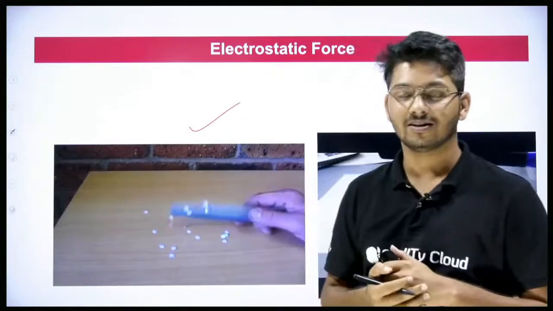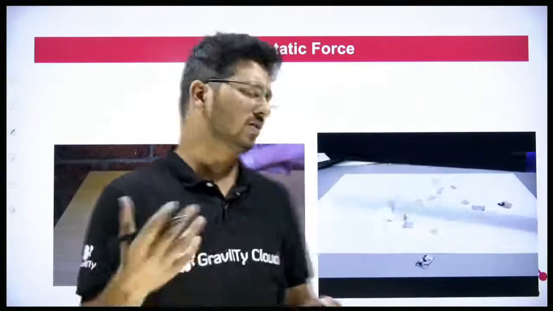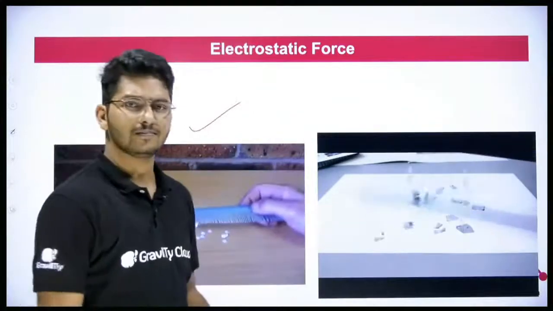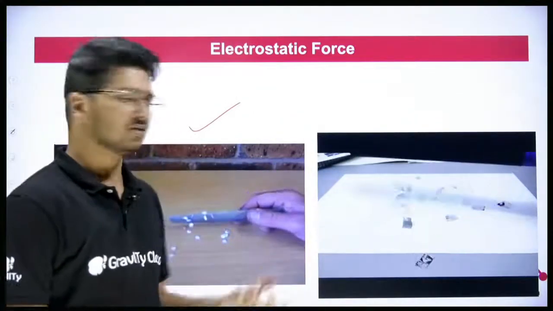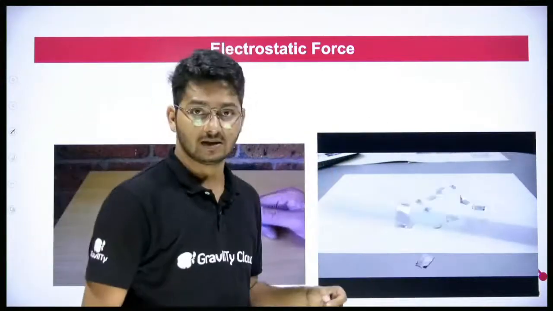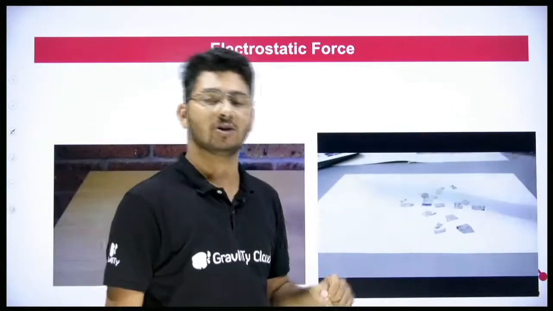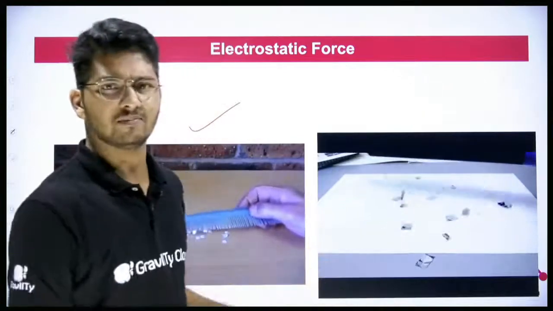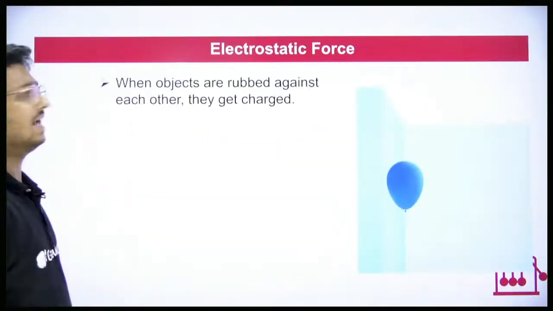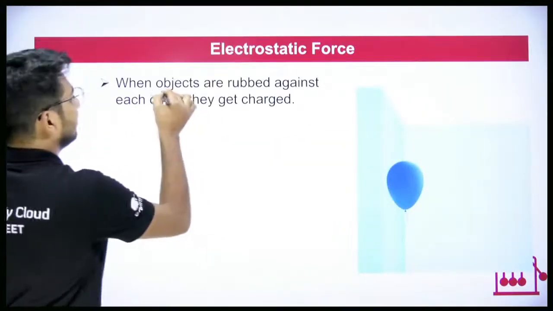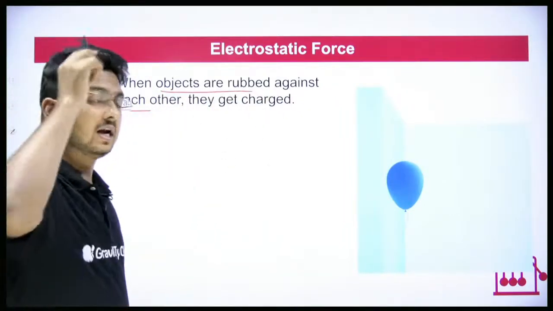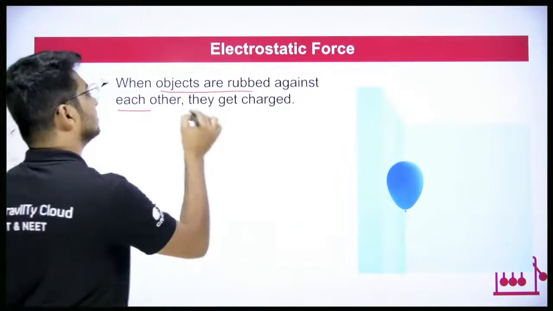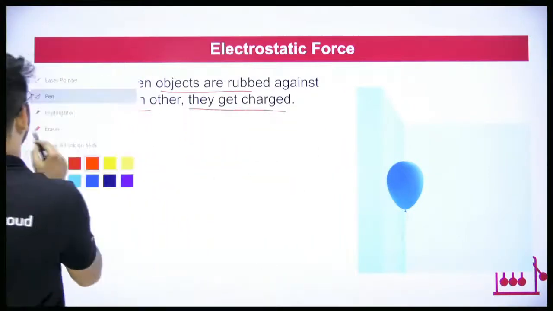Yes. Another similar case is here. A rod has been rubbed with a cloth, and aluminum foil bits are flying towards the rod. Similar examples, right? So that is the case when objects are rubbed against each other. Imagine the comb rubbing on the hair. What happens is we say that they get charged.